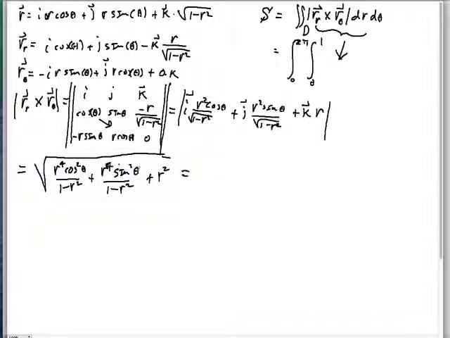We know that cosine squared plus sine squared is equal to 1, so we can collect all those terms, and we're left with an r squared plus r to the 4th over 1 minus r squared. Alright, so what do we do with this?